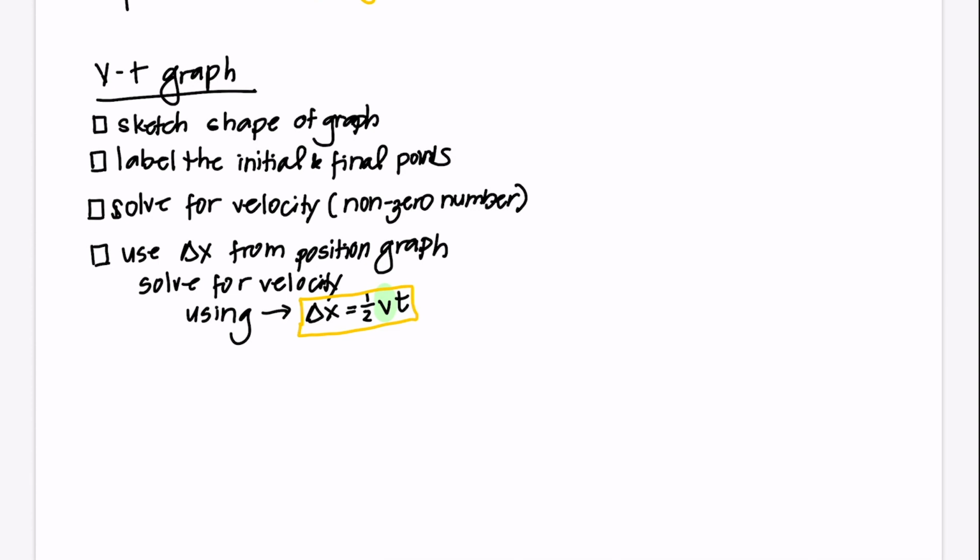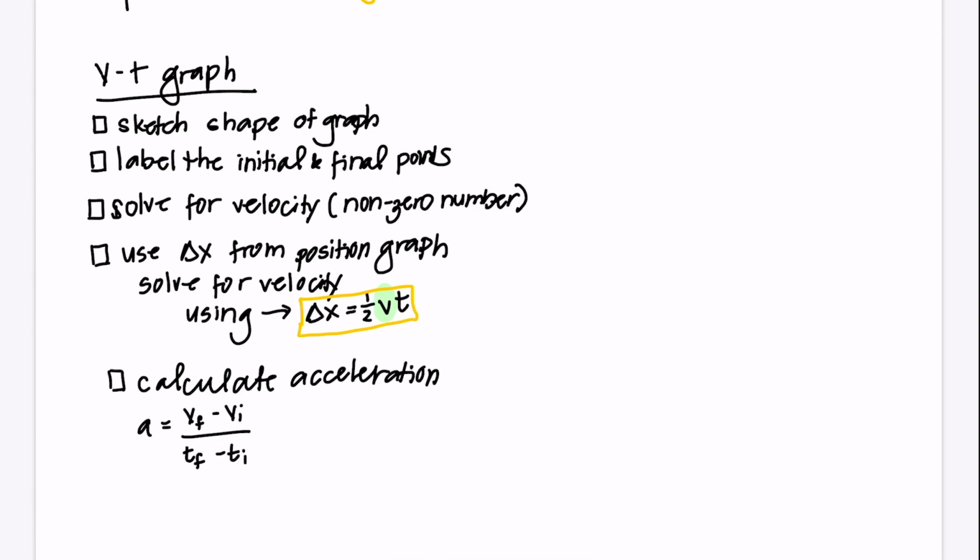And then you're going to calculate acceleration. And you're going to use acceleration is equal to final velocity minus initial velocity over final time minus initial time. And don't forget your units. Okay, so let's just highlight that. Don't forget your units. Okay.